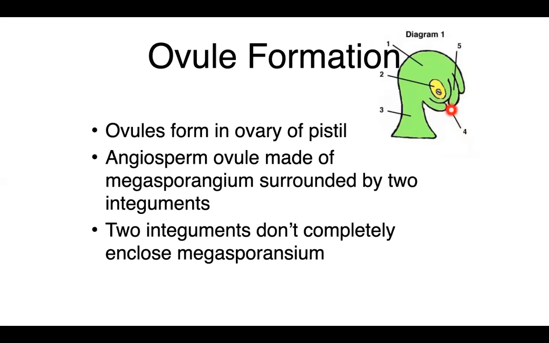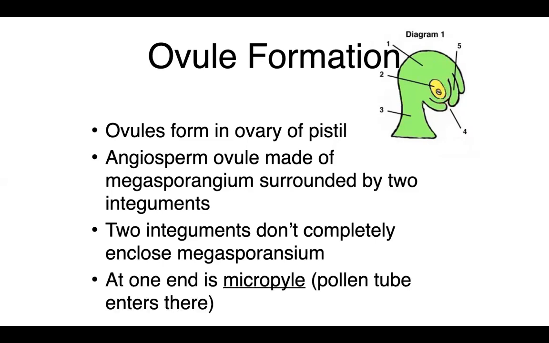That's where the pollen tube is going to go in so that the sperm can fertilize the egg inside here. Number 5 is one of the integuments. Number 1, I'll get to in a minute. 2 is the ovule.